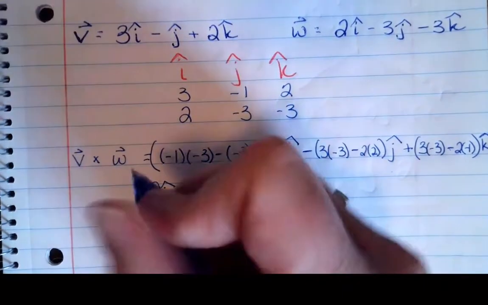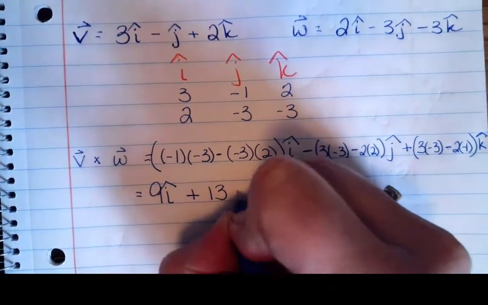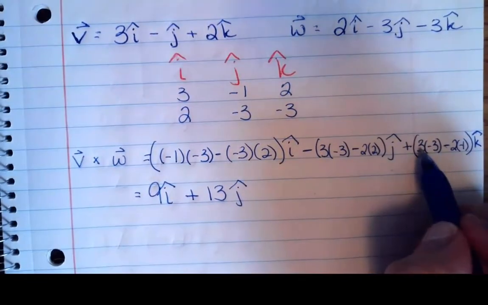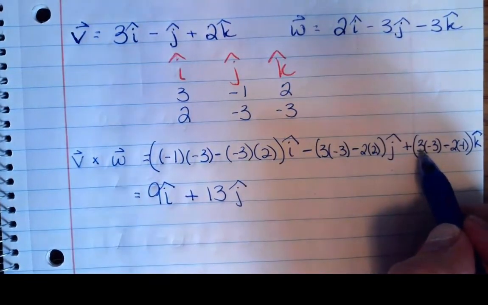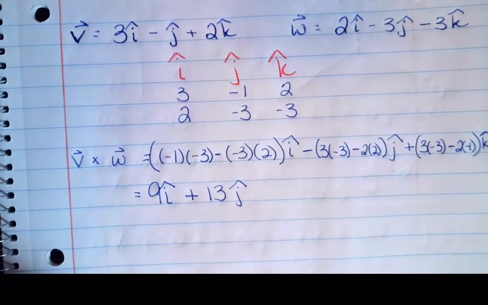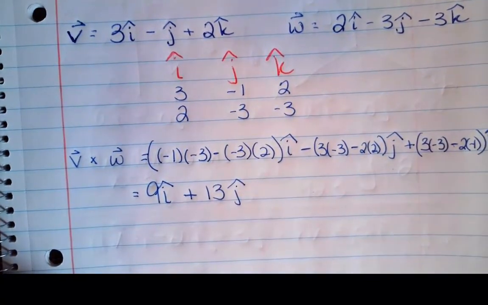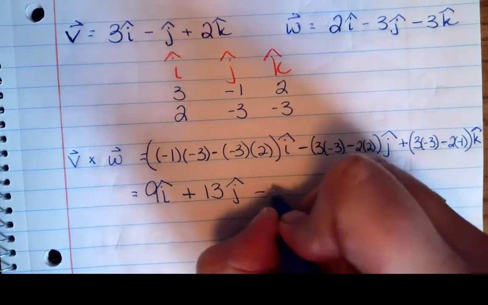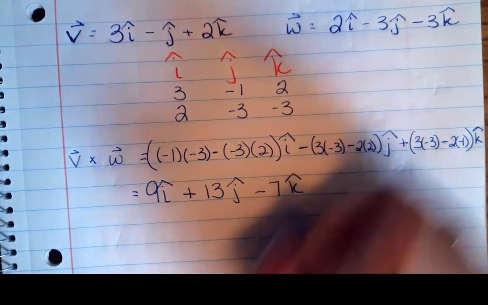So minus a -13 turns into plus 13. And then I have 3 times -3 is -9, plus 2 is -7. So that's negative 7. So I have negative 7 on k.